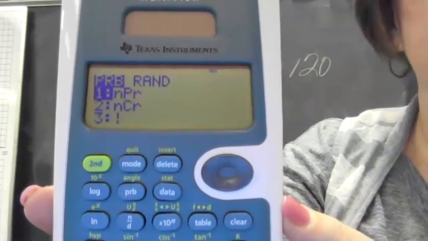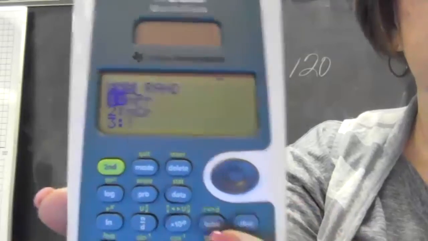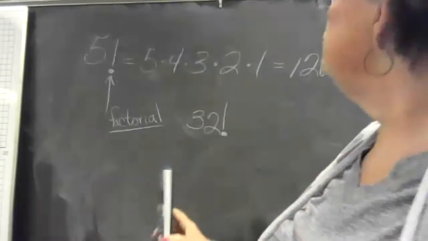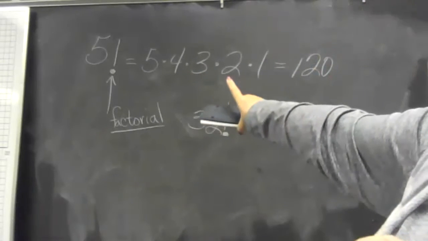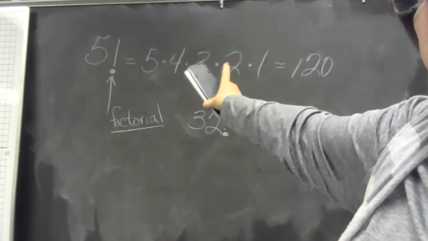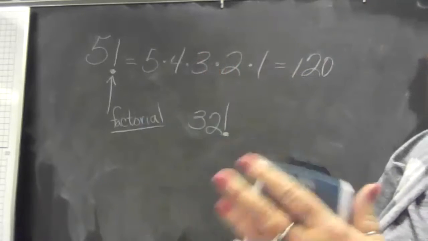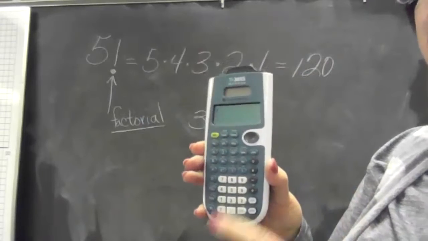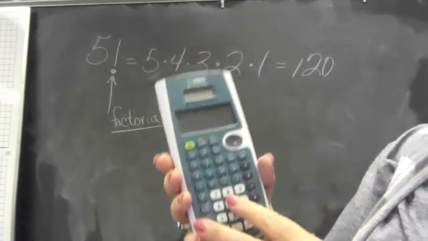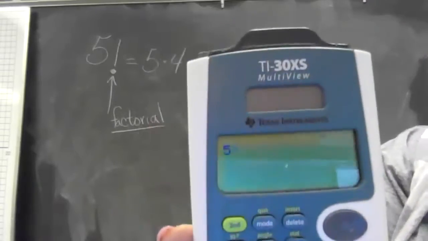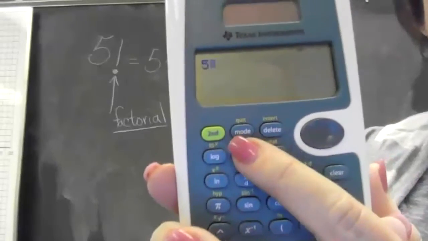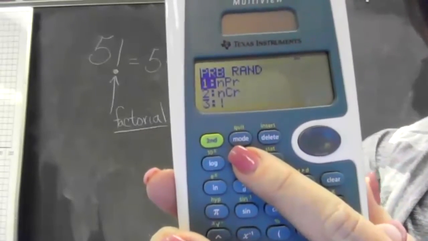Let's clear out of that a minute. Now let's do 5 factorial in the calculator and see if it's the same answer. Go to a clear screen because you have to put the 5 first. Push the 5, then go to the probability button to get the exclamation point.